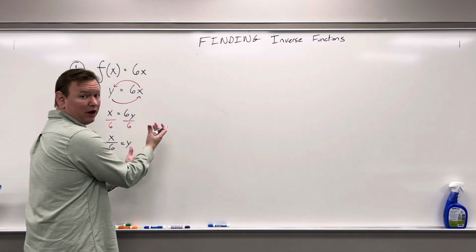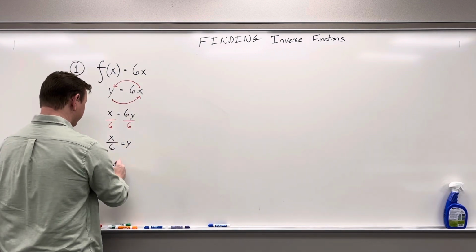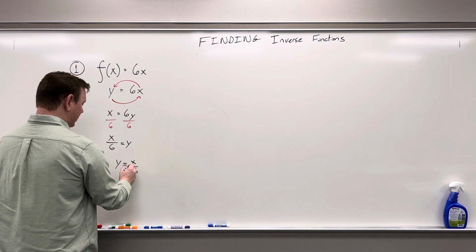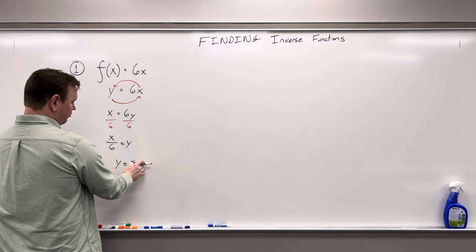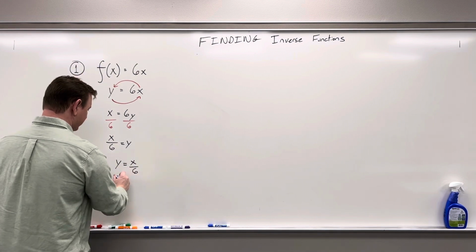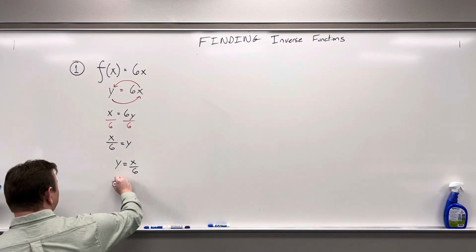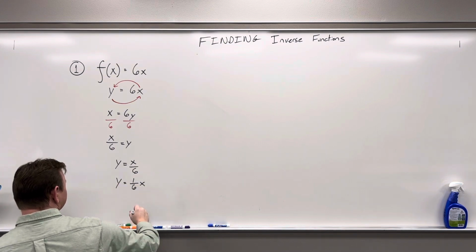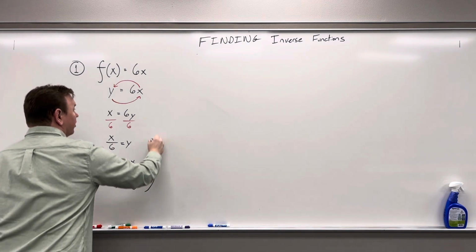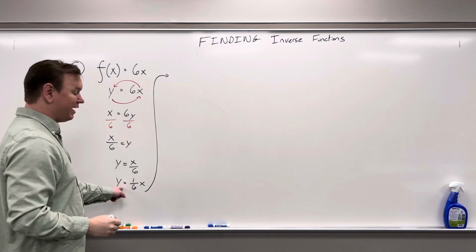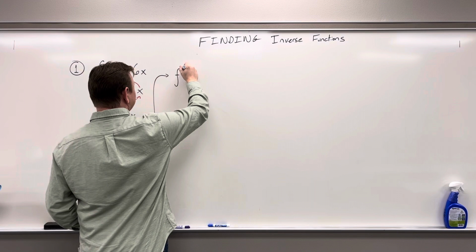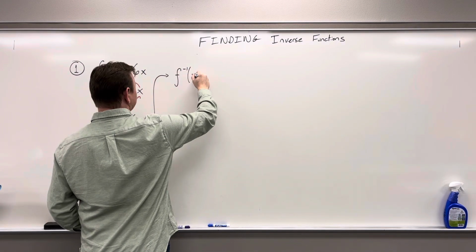I'm just going to kind of flop it to make it look good. I'm just going to switch them right here and say y equals x over 6. And then you can just move that x down right there. And so now we have y is equal to 1 over 6x. And then what you want to do is replace that y now with this inverse notation.